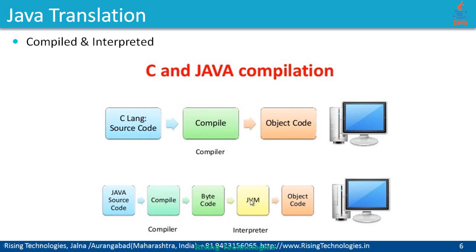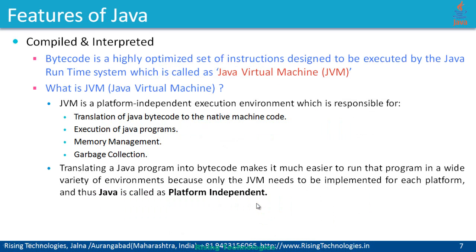Okay, so let's see what this JVM stands for. First of all, bytecode is a highly optimized set of instructions that is designed to be executed by the Java runtime system, which is called the Java Virtual Machine, or in short JVM. So what is the JVM? JVM is a platform-independent execution environment, and it is responsible for translation of Java bytecode to native machine code.